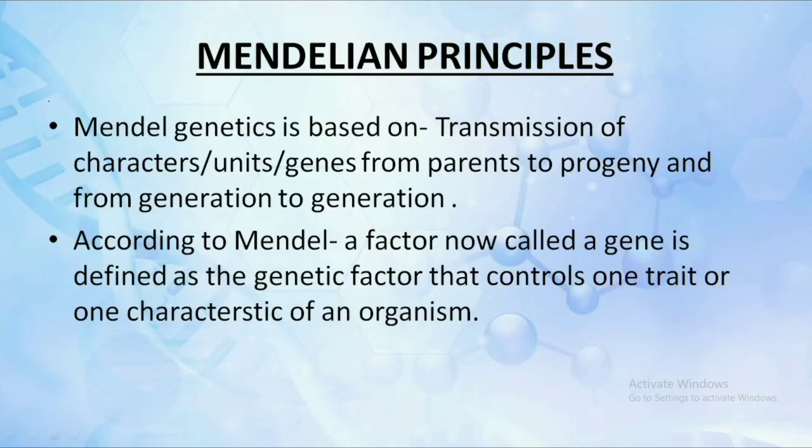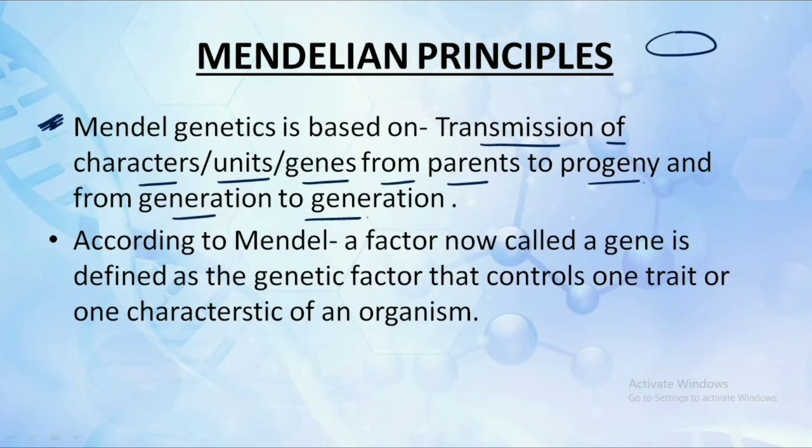So this is what we have studied: the transmission of the characters, units or the genes. In the present day we call them genes, and when the Mendelian principles were being discovered, they were given the name of factors, and we can also call them characters or units in any way.